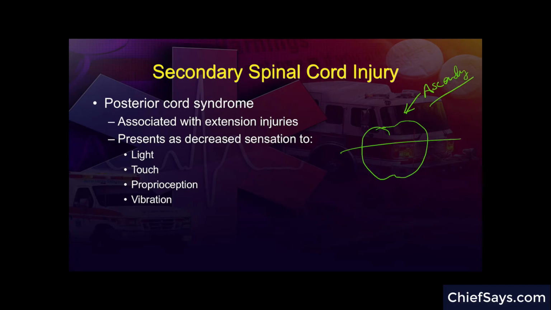Ascending tracts. So when the patient has an injury to the spinal cord that primarily impacts the dorsal portion, the result will be decreased sensation of light pressure and touch, proprioception, and vibration. Proprioception is a term that you may not have heard a lot before, but essentially it is the description of how the body knows where it is in space. So it's kind of the relationship to other objects and understanding where it is within an environment.